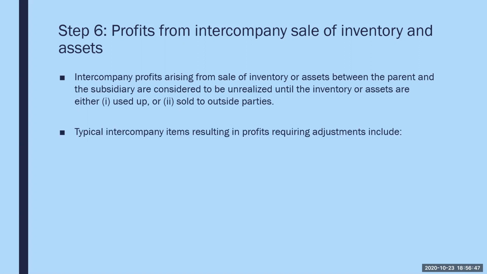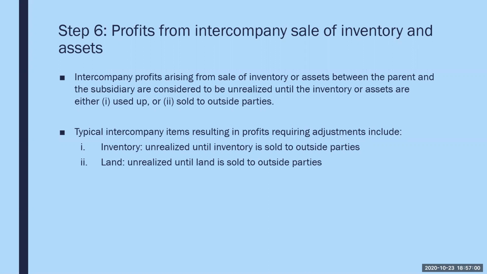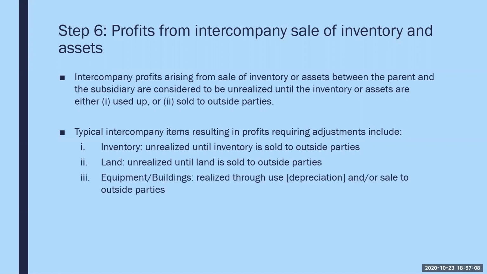So typical intercompany items that will result in profits that need adjustments will relate to inventory, which remains unrealized until inventory is sold to outside parties. It could relate to non-depreciable assets such as land. So in this case, the profit remains unrealized until the land is sold to outside parties. And you can also have intercompany profits arising from sale of other assets such as equipment, building, patents, and so on.